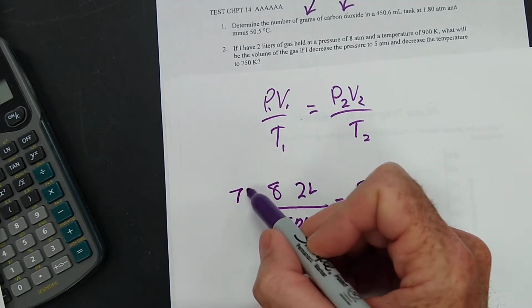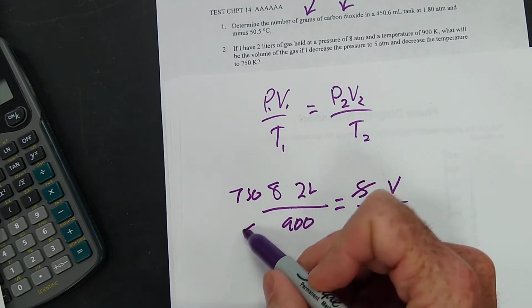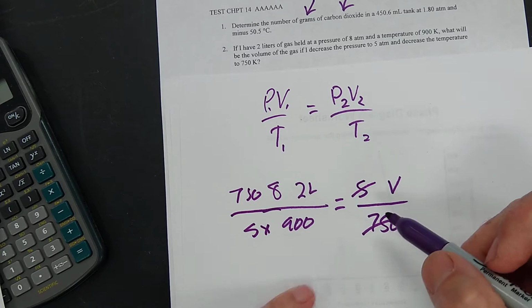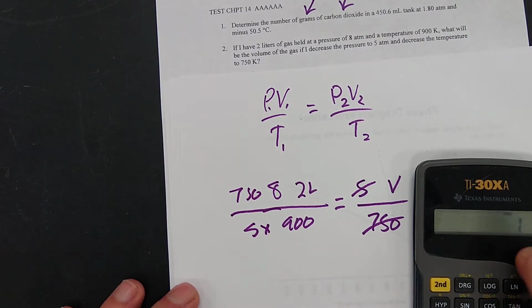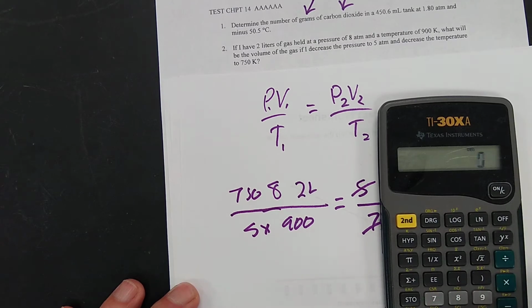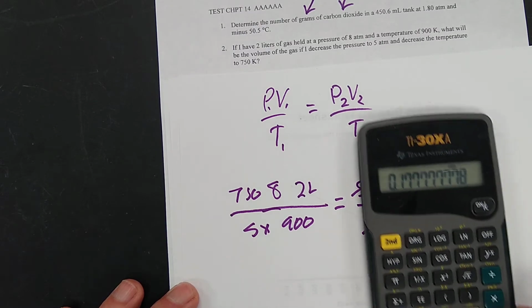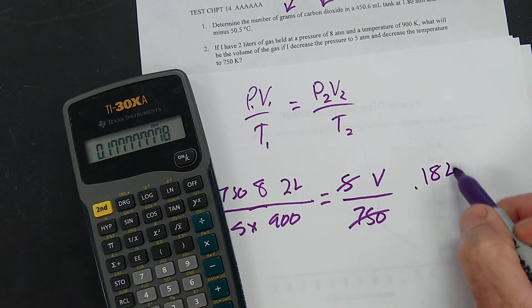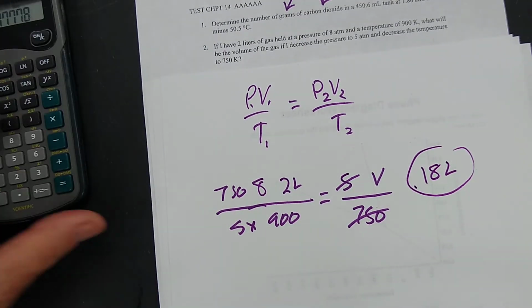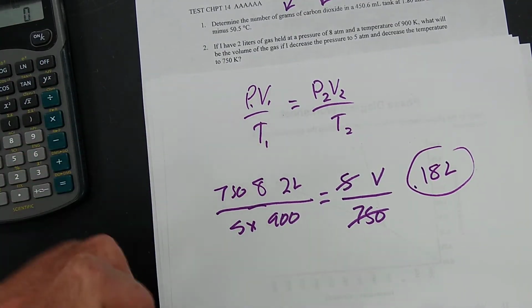We're going to cross multiply, which is what the 8th grade teachers would call it in my day. So let's try it. 750 times 8 times 2 divided by parentheses 5 times 900, close those parentheses, equals 0.18. 0.18 liters. Okay. Pretty small.